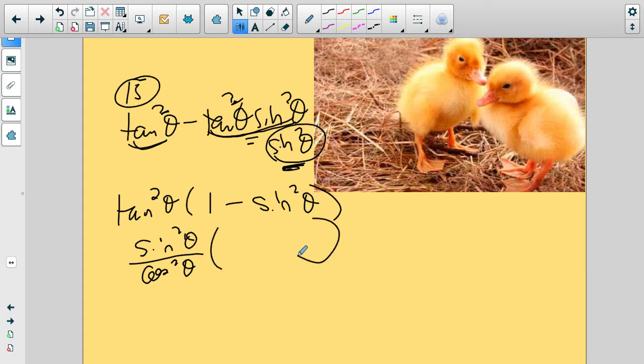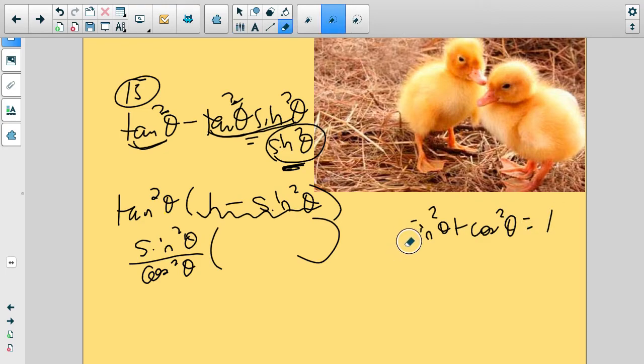And what's 1 minus sine squared? Cosine squared. Sine squared plus cosine squared equals 1, so 1 minus sine squared equals cosine squared.